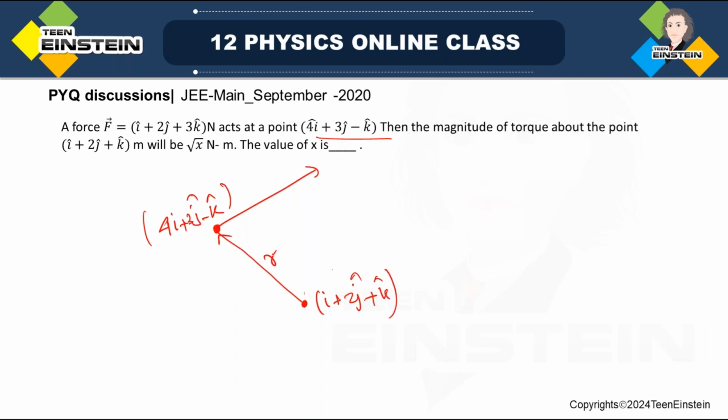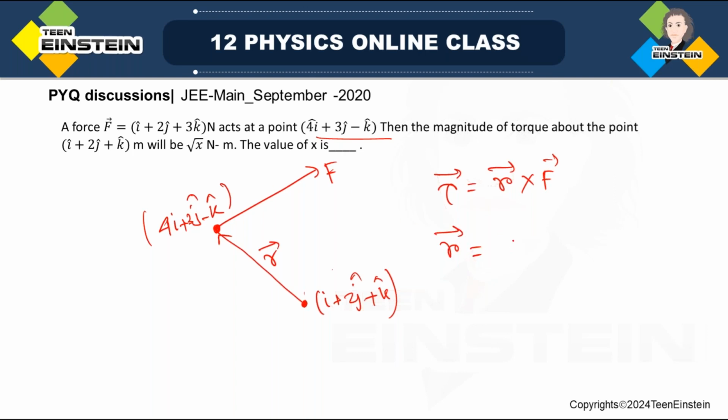So I have to find out the r vector actually. Because we know the torque, say this way the force is acting, so torque will be r cross F. So here the point is, what is r?